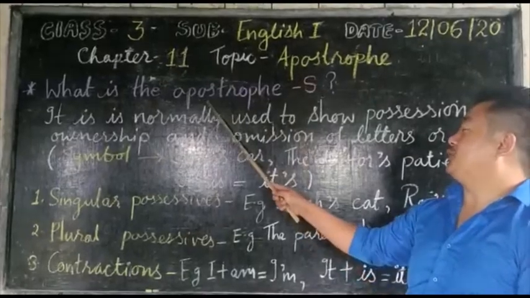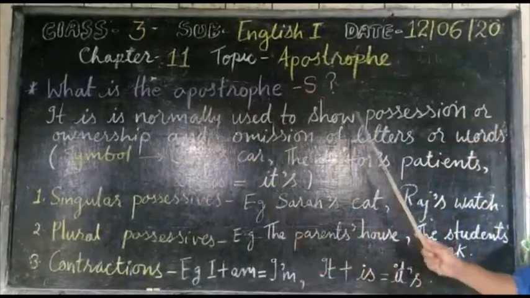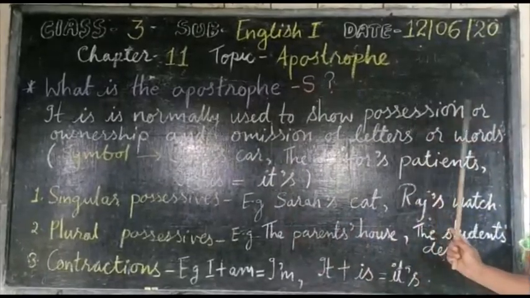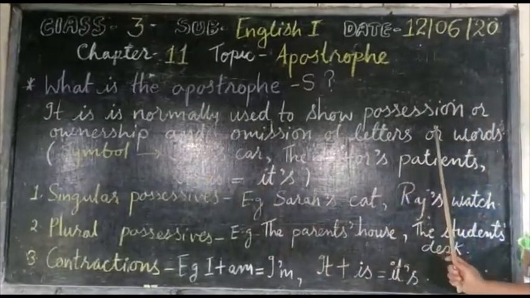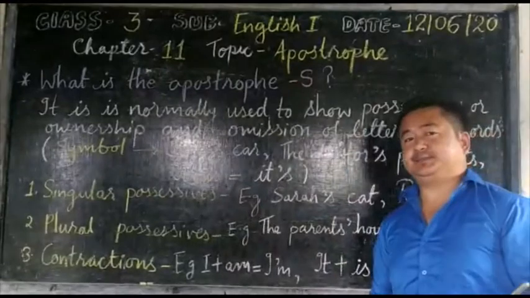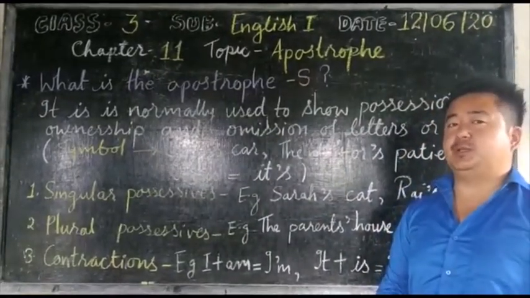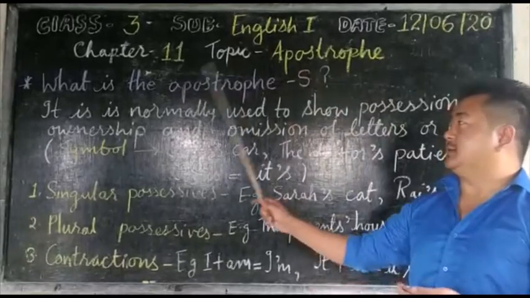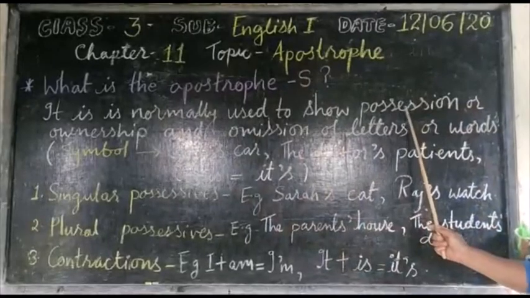Apostrophe S is normally used to show possession or ownership, and omission of letters or words. In a sentence, it is normally used to show possession.